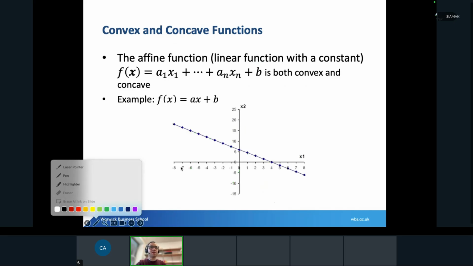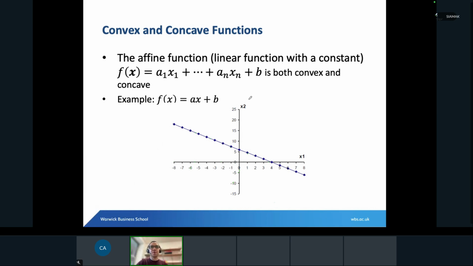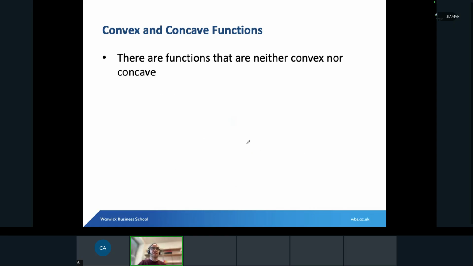So an example here that I'm showing in the slide is ax plus b. If you choose any 2 points, you can see that the line is on the function, which is obvious. And because equality is considered for both convex and concave functions, this becomes both a convex and concave function. There are functions that are neither convex nor concave.